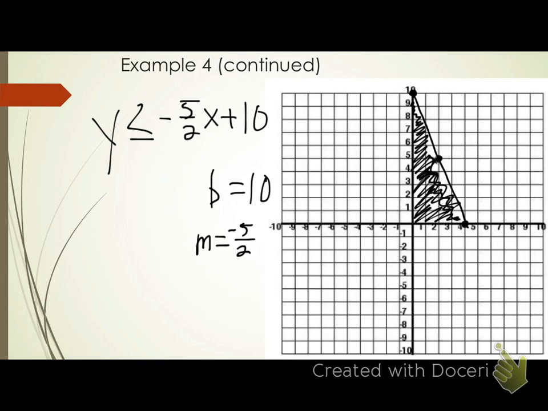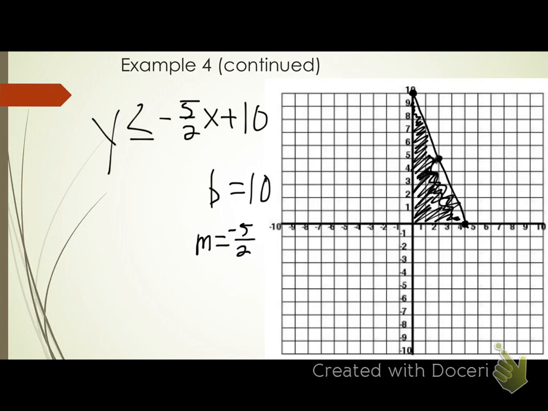One thing I failed to mention earlier that I want to mention to you guys. Do you remember what the open and closed circle meant when we graphed with number lines? What did the closed circle mean? That you can go up to that number. Yeah, that number is included in my solution set, right? What did the open circle mean? That number that circle was on was not included.